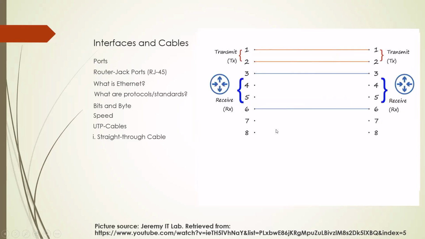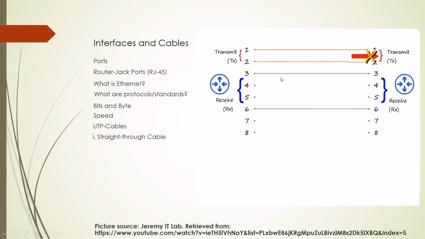But what if we want to connect a router to another router? I know that on the router, pin 1 and 2 is for transmit, and pin 3 and 6 is for receive. What happens is that there will be a jam on the way, because this end is taking this as TX also, and this end as RX. So both of them cannot transmit at the same time.